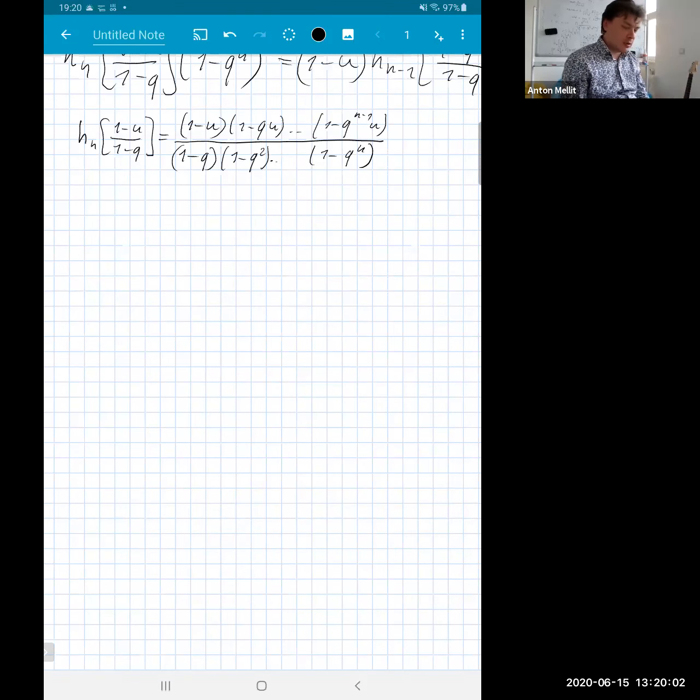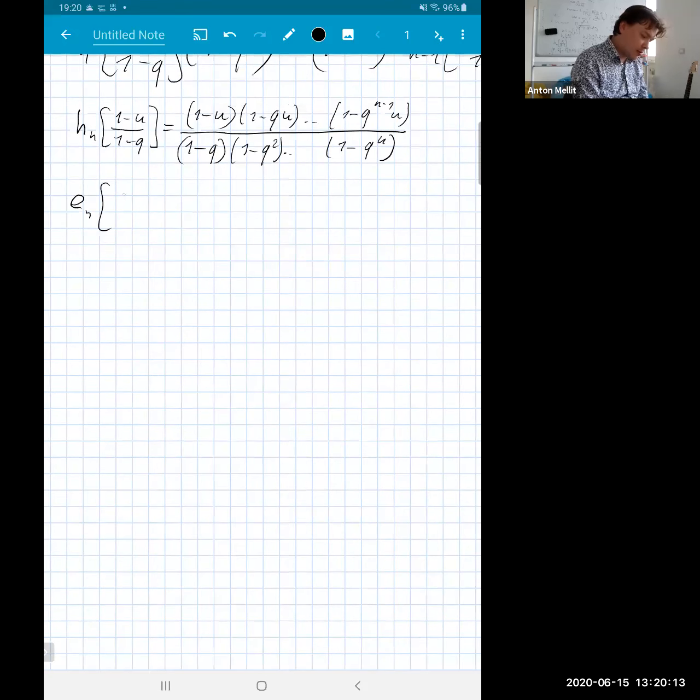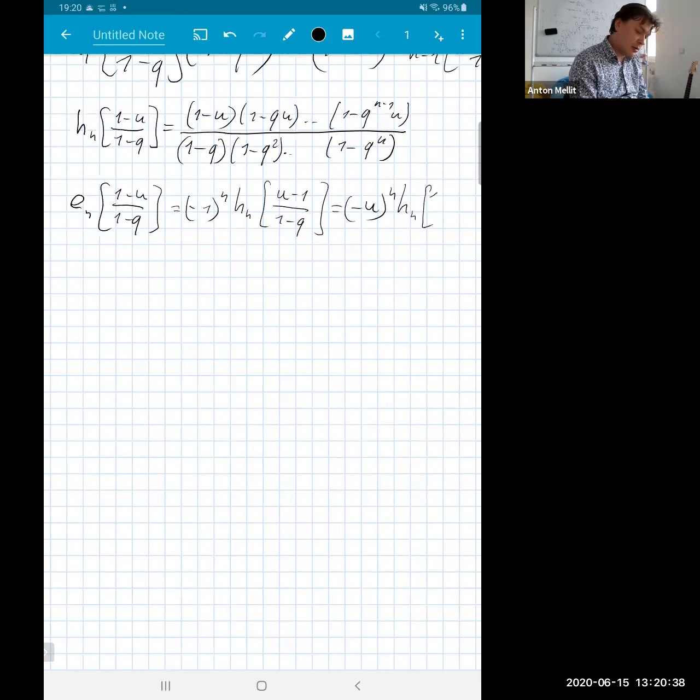Okay, so you can, for example, compute this thing. You can compute now e_n of (1 minus u)/(1 minus q). So how would you compute e_n? Well, you know that it's (minus 1) to the n h_n of the minus, so it's (u minus 1)/(1 minus q). And then you want to make it in the same form as before. So you move out u. So you get (minus u) to the n h_n of (1 minus u inverse)/(1 minus q).